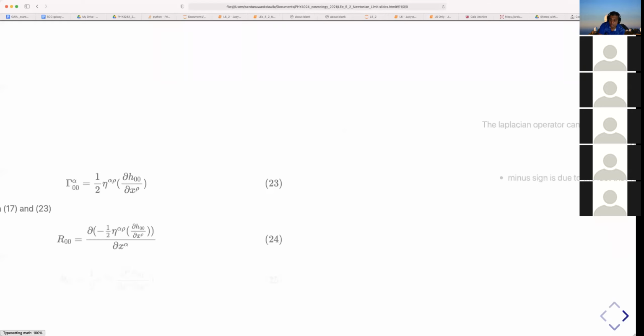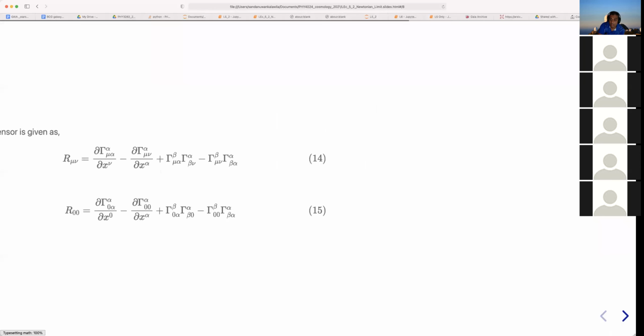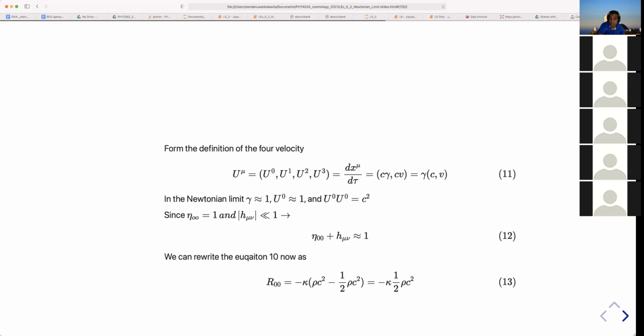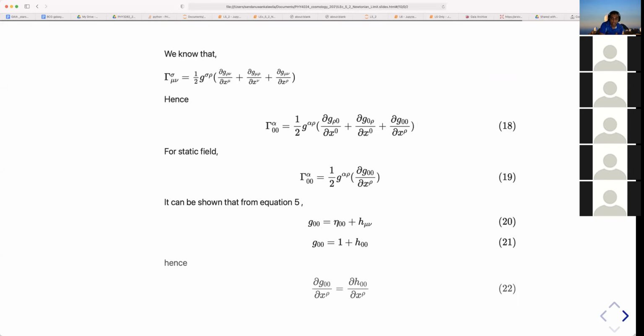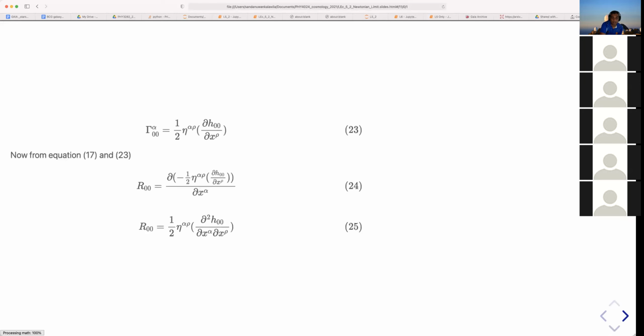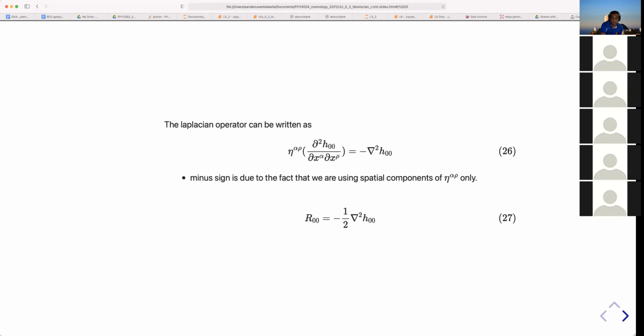If I go back, you can see this is the expression I had from Einstein's field equation, that is minus kappa half rho c squared for R00. Now I have this one right here, and that minus half will cancel out because you have that on both sides.